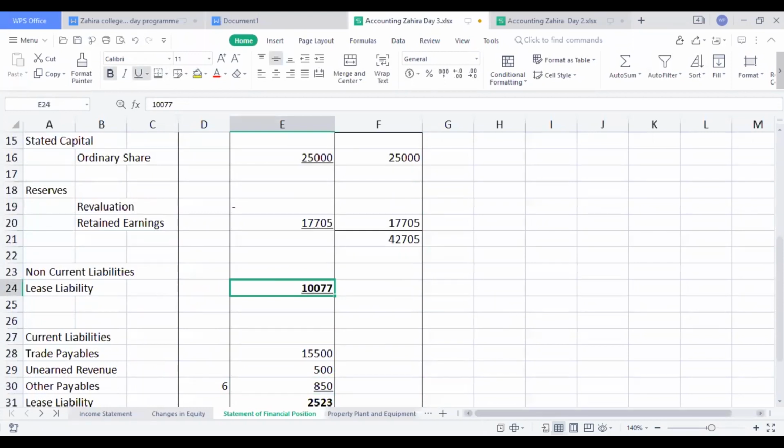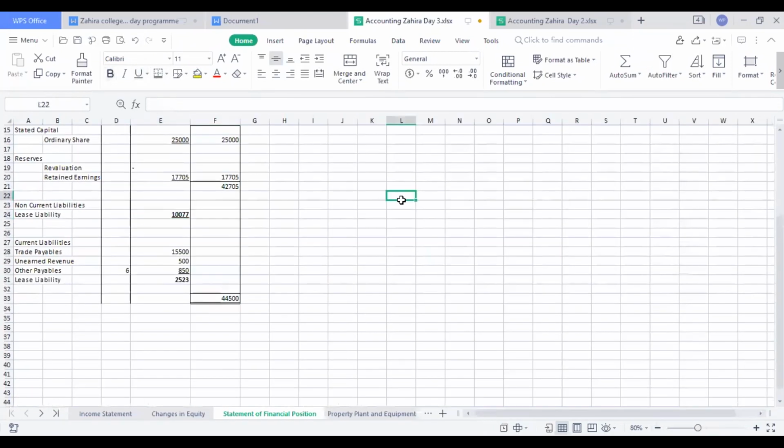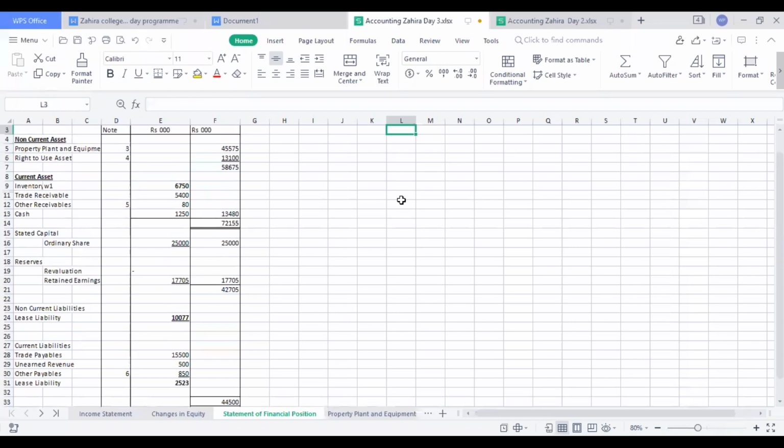Let me make it small so you'll have a full view of what I'm doing. 10,077, I'll take this side. I got 19,373. So here I have a total value of 42,705. The answer is balancing.